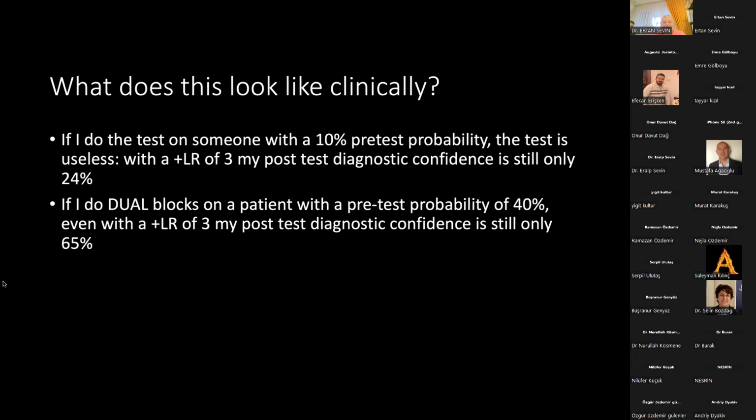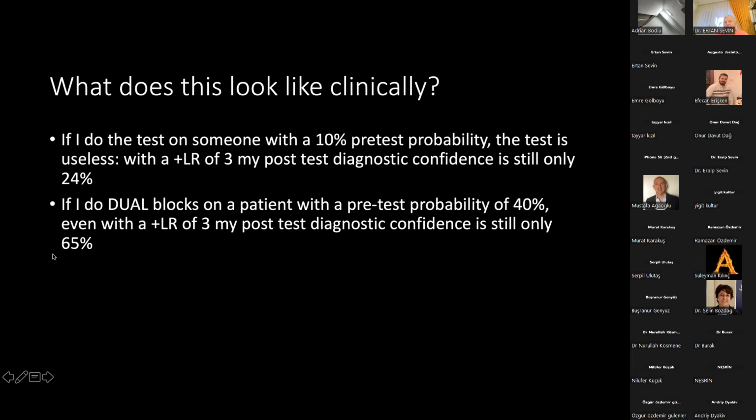If you use this test on patients who are more likely to have facet pain, such as someone who's 65 or 70 years old, who may have a pretest probability of closer to 40%, then this test, which is the best we have, but is still not a perfect test, after being performed twice, our post-test diagnostic confidence gets up to 65%, which isn't great, but it's a lot better than 24%.